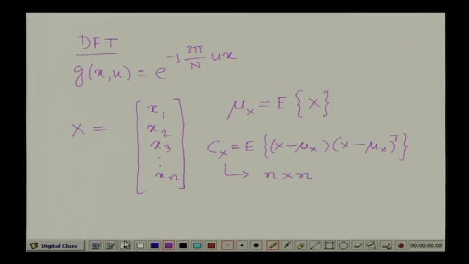Now, in this covariance matrix Cx, an element Cii, that is the element in the ith row and ith column, is the variance of the element xi of the vectors x. Similarly, an element Cij is the covariance of the elements xi and xj of the vectors x.